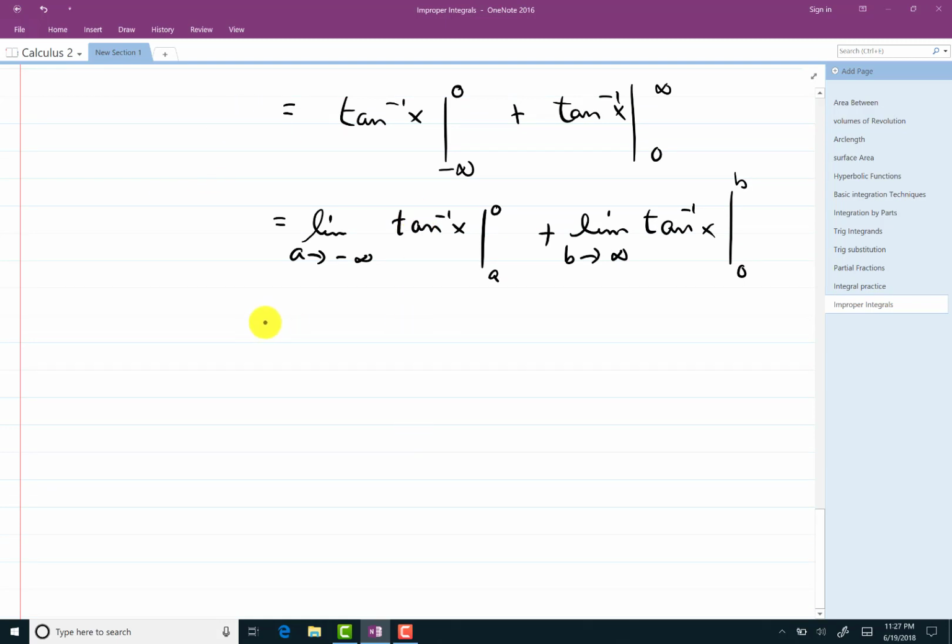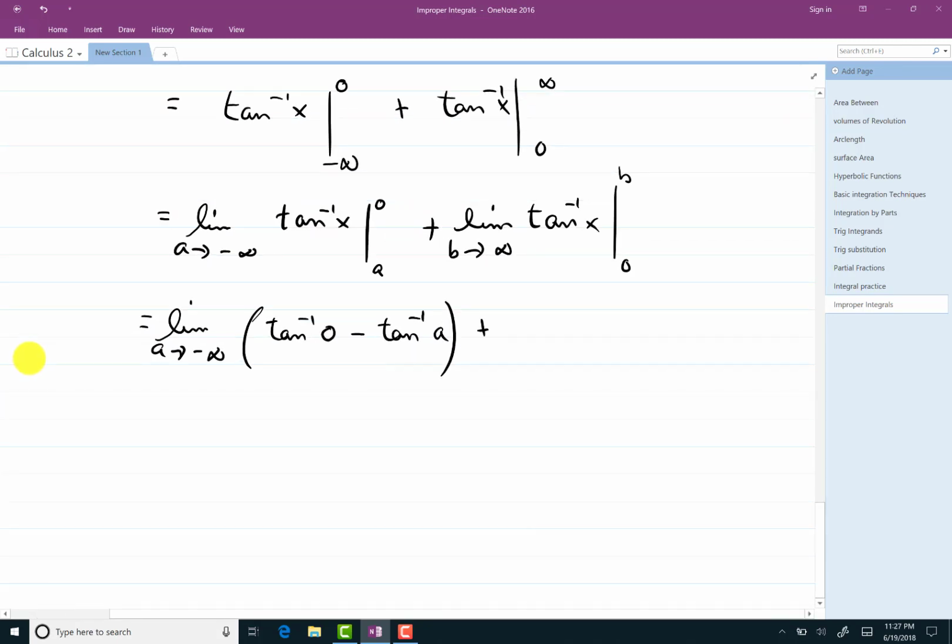So this will be the limit as a goes to negative infinity of tan inverse of 0 minus tan inverse of a, plus the second piece, which will be very similar. It will be the limit as b goes to infinity of tan inverse of b minus tan inverse of 0.